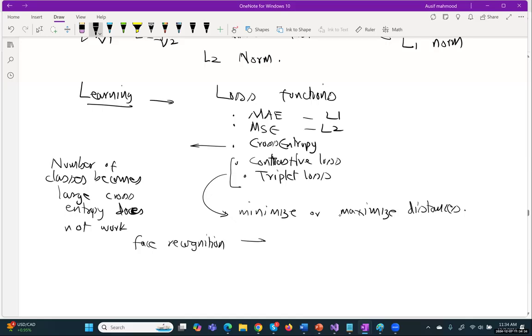So we need an even better loss function. Once again, I keep reminding you, the way the network learns is by minimizing the loss function. If our loss function is very effective, it will learn a lot better.